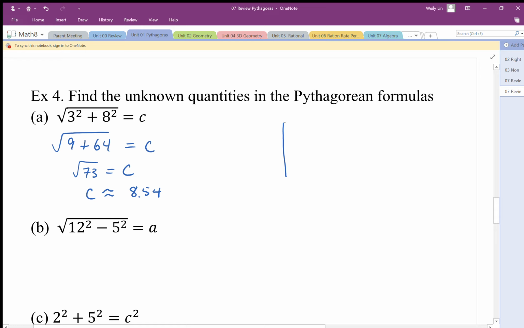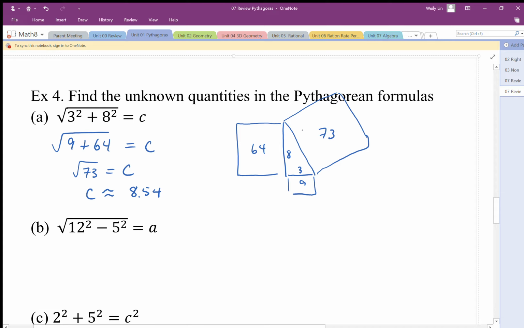When I draw this out, I have a side length of 3, a side length of 8, an area of 64, an area of 9, and a square off the hypotenuse of 73 squares. This is what the diagram looks like, and the length along that diagonal is 8.54.